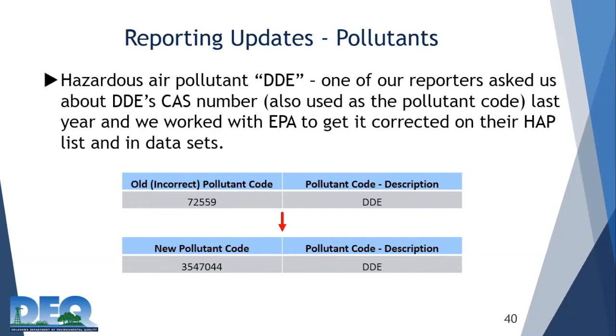So EPA corrected the HAP list. Their HAP website has been corrected, and their data set, their database, and our database has been corrected. So the correct CAS number is in here.